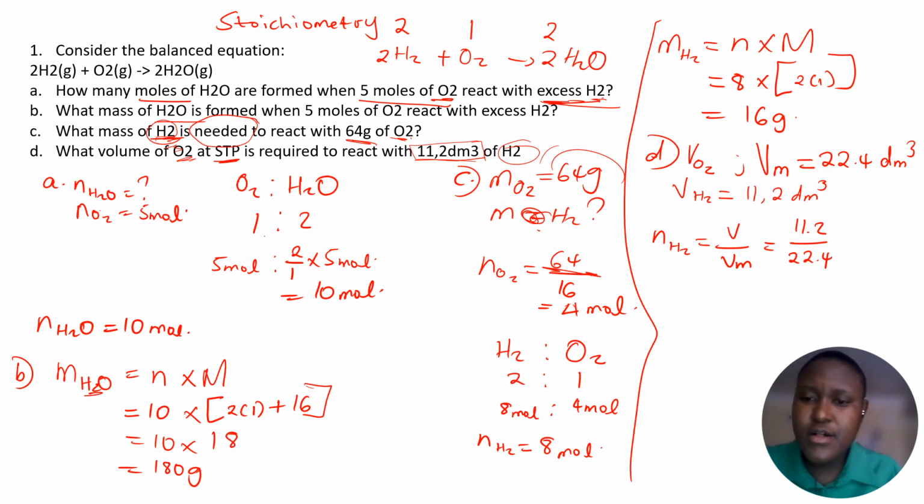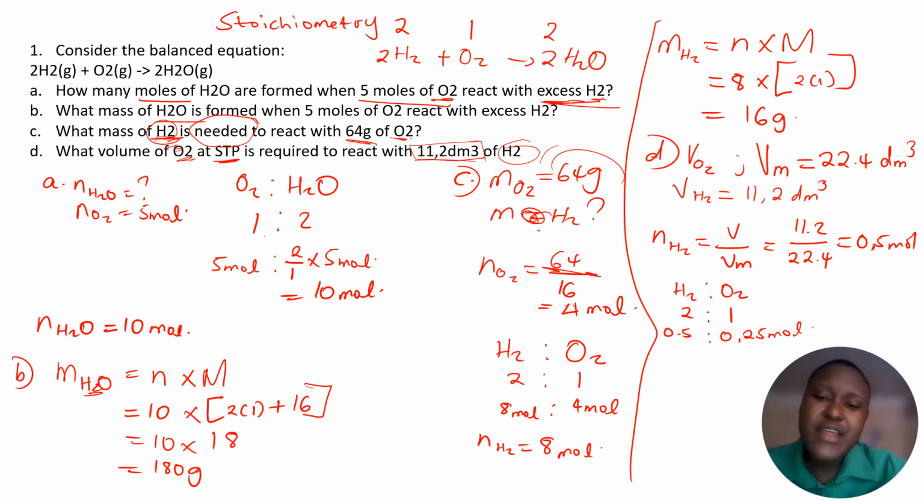That is equal to 0.5 mole. You know the number of moles of hydrogen now, and according to the ratio, H2 is to O2 is 2 is to 1. And if 2 is to 1, if you have 0.5, then half of 0.5 will be 0.25 mole. So the number of moles of oxygen will be 0.25.